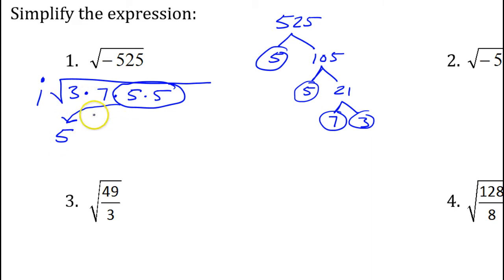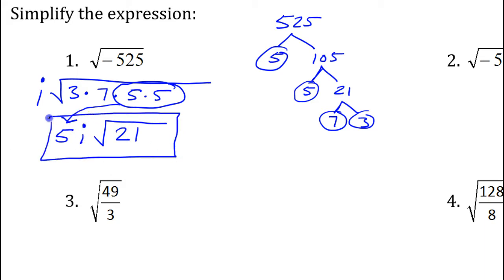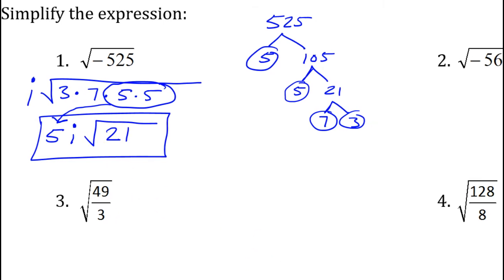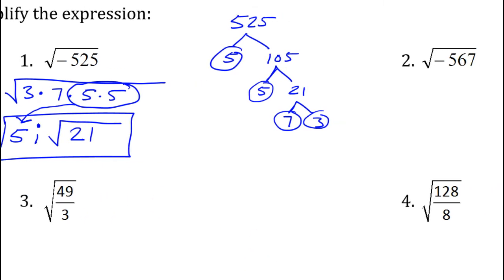Now, when there are no pairs, that means those numbers will be left inside the radical. So this 3 and the 7 are not going anywhere. So the 21 is just going to be left inside. So the final answer will be 5i radical 21. Okay, so I call that the prime factorization method. And that's what I always do when the numbers are larger.